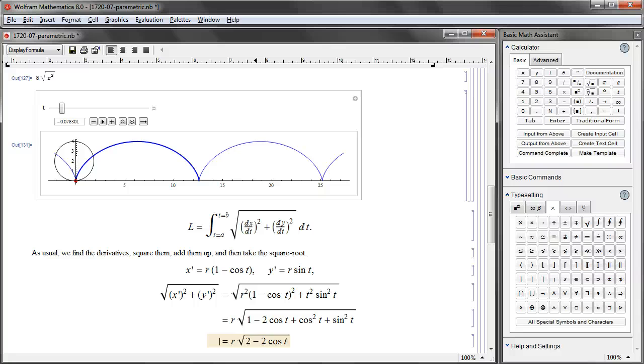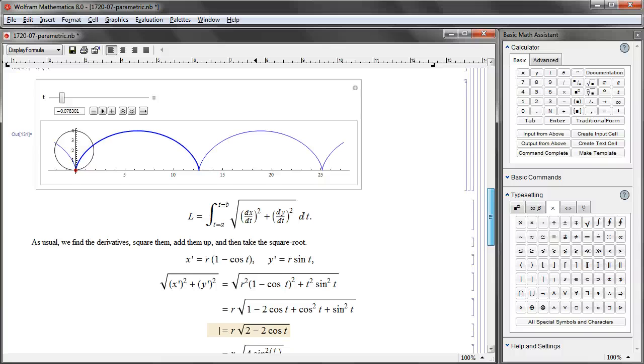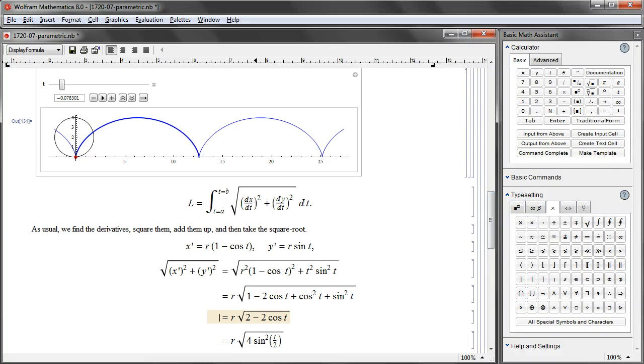Increase the power. 2 minus 2 cosine of t can be rewritten as 4 times sine squared of half of t, as you can see over here. 2 minus 2 cosine of t is the same as 4 times sine squared of t over 2.